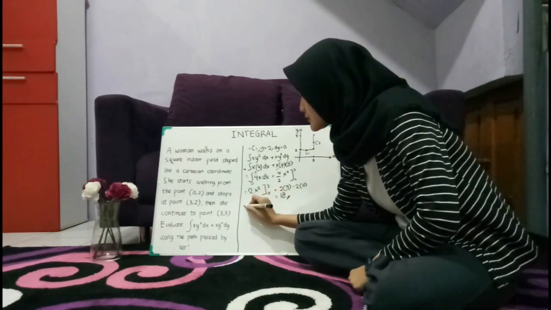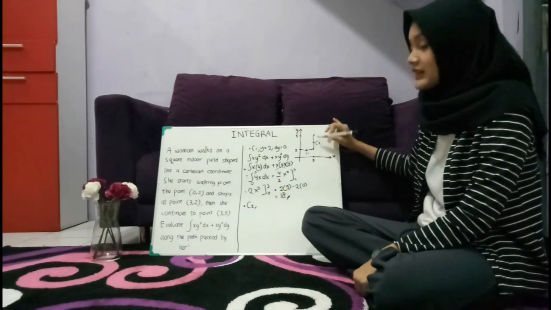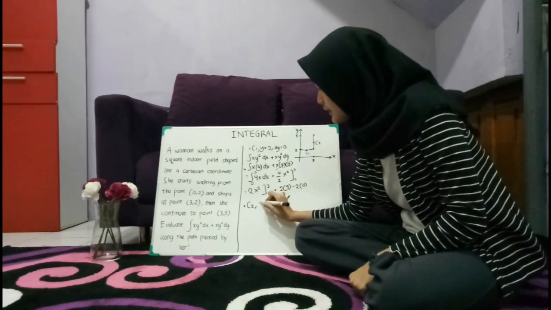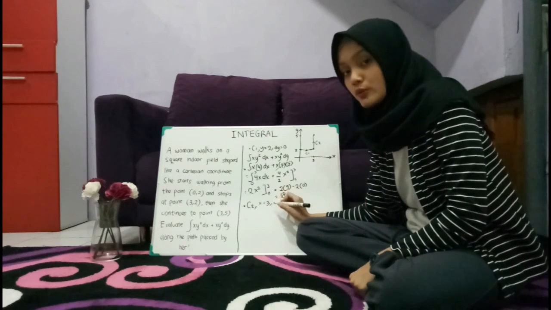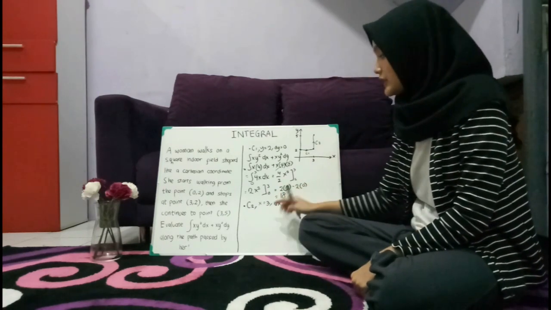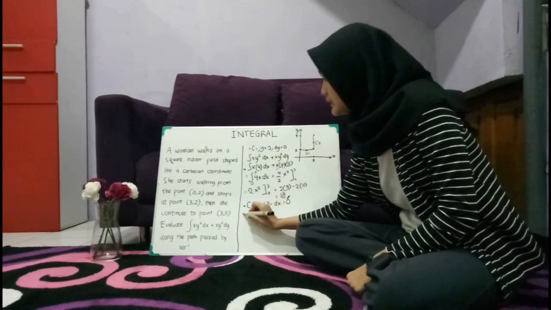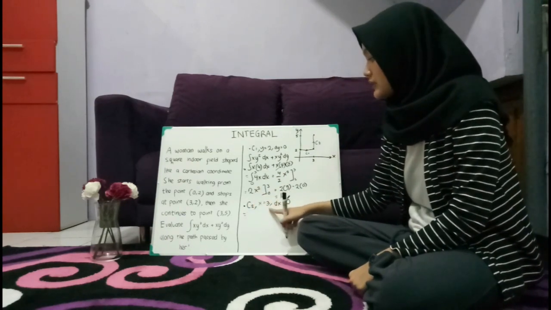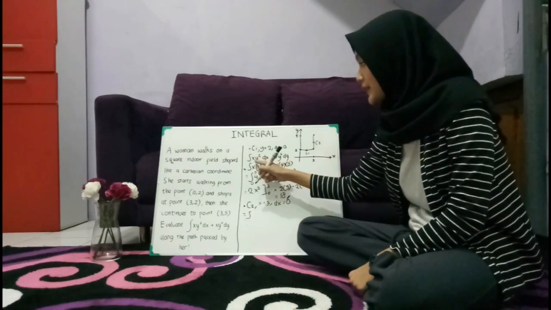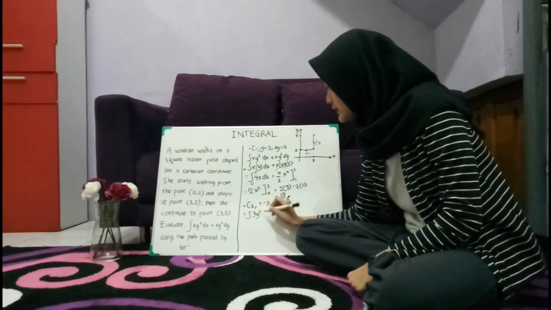Next, C2. As we can see, this is a vertical straight line where the value of x is always 3. So we get x = 3, where the derivative of x, dx, is 0. We do again like we did before. We substitute x = 3 into this integral. So we get 3 multiplied by y² dx.